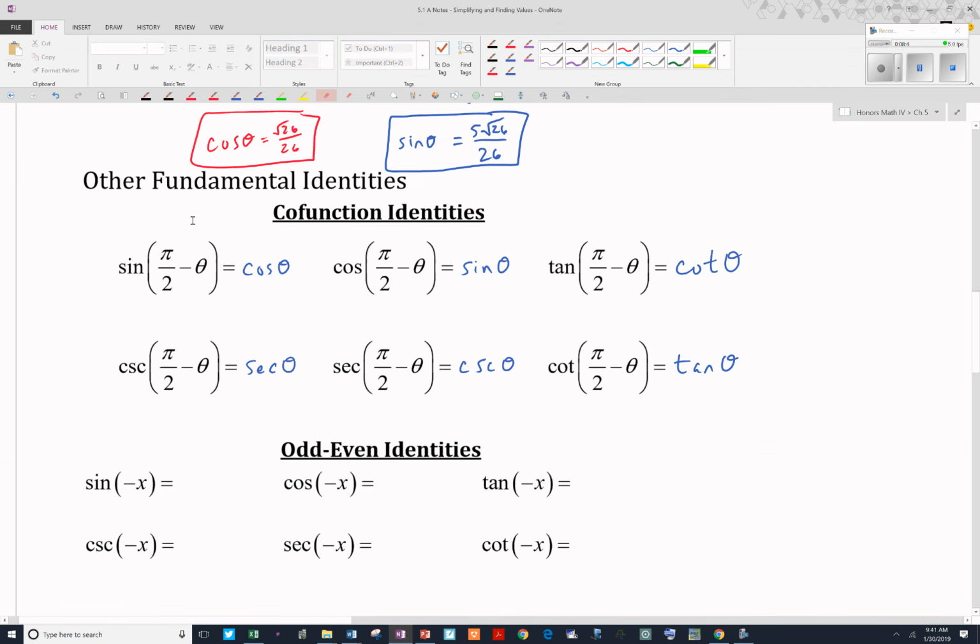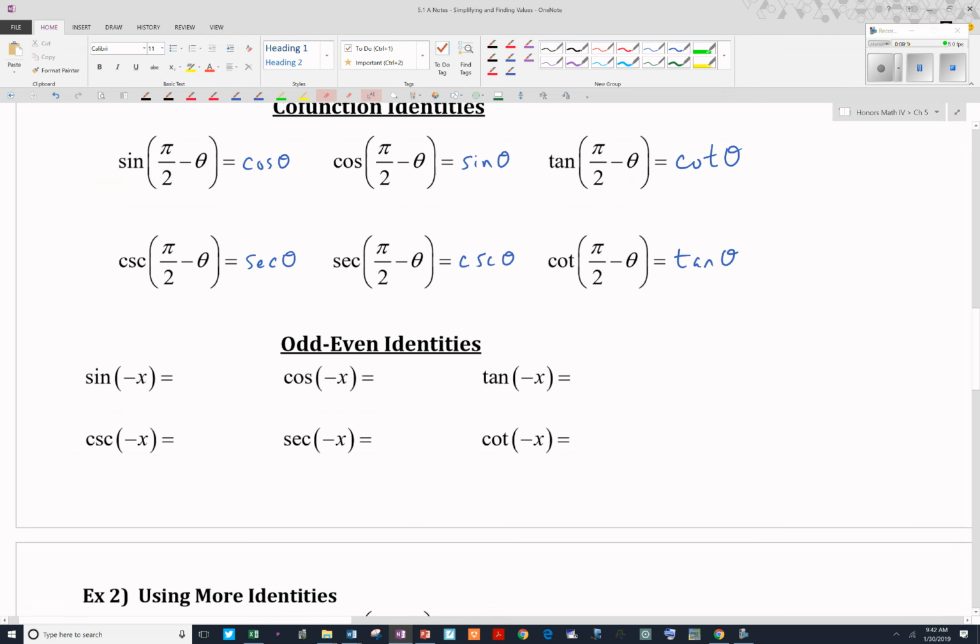Well, this is saying the sine of 90 minus an angle, which would be the complement, would equal the cosine of that angle. So it's the same idea that we used to fill out that trig table. Again, these are pretty easy to memorize. They're all a trig function of pi over 2 minus theta, and it equals a pretty obvious trig function. Sine equals cosine, cosine equals sine, the reciprocals equal each other, and tangent equals cotangent. So a pretty easy set of identities to memorize.